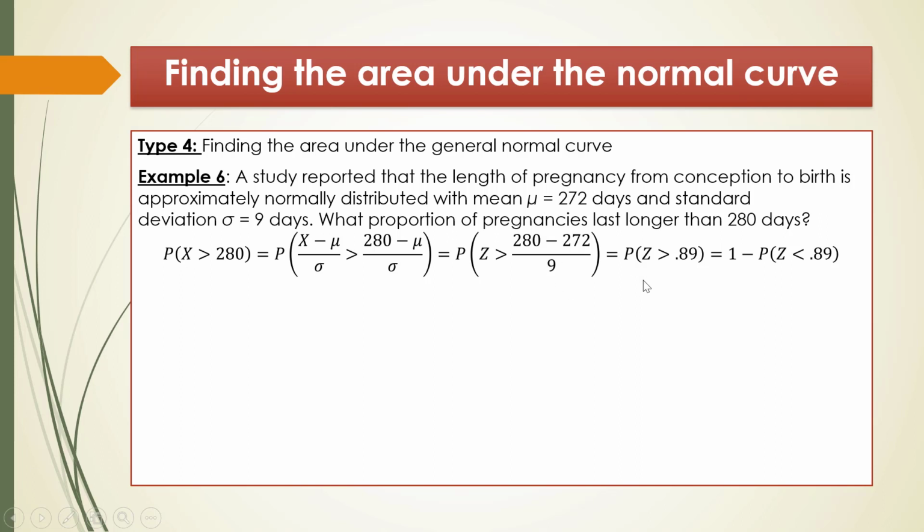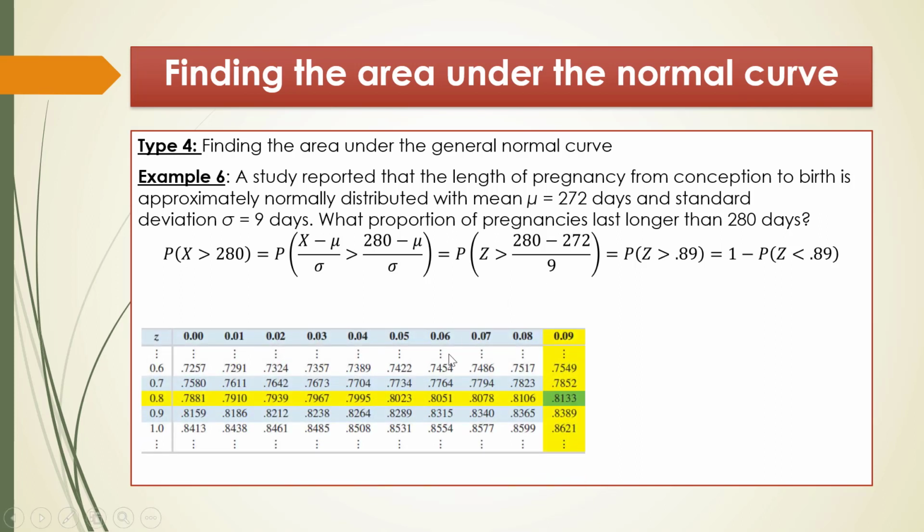We have the probability that z is greater than 0.89, and 0.89 here is a z-score. To find the area to the right of the z-score 0.89, we have to use the complement rule, because the A2 table, the z-score table, gives you the area to the left of a z-score.